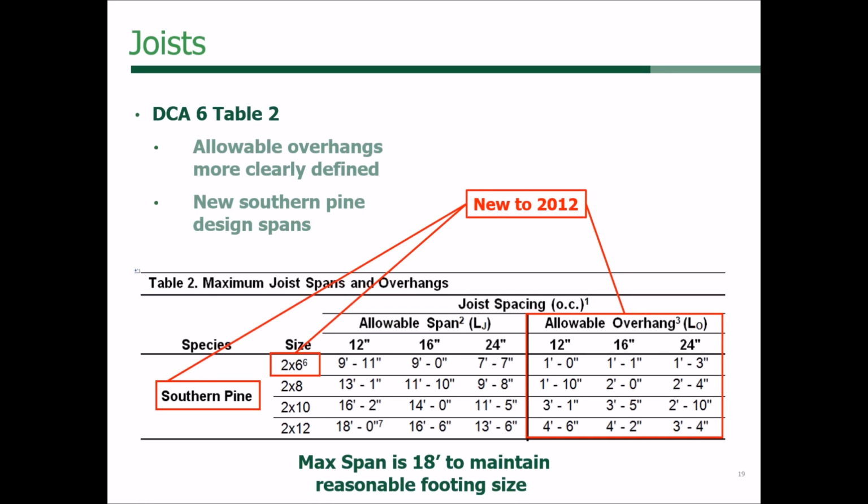Now, one of the biggest questions I get from this table is that it looks backwards. Like if you look at the 2x6 and you look at the allowable overhang, the 12 inches on center allows 1 foot, and then the 16 is 1 inch larger, and then the 24 is 3 inches larger than the 12 inches on center. And that's counterintuitive. And the reason for that is if you look over at the allowable span, the allowable span is significantly larger for the 12 inches on center versus the 16 and 24.